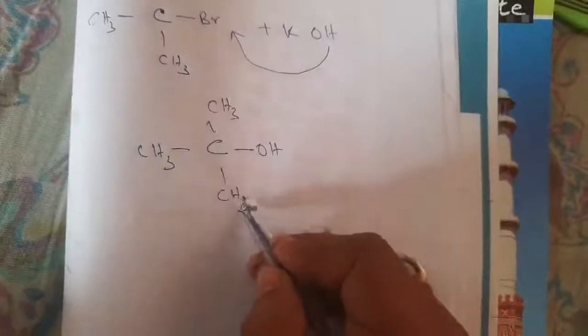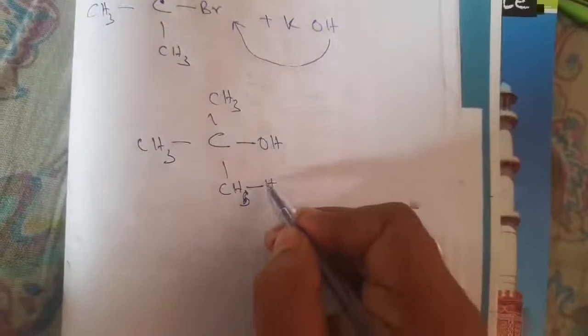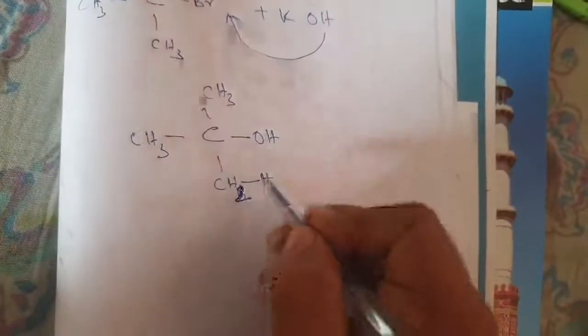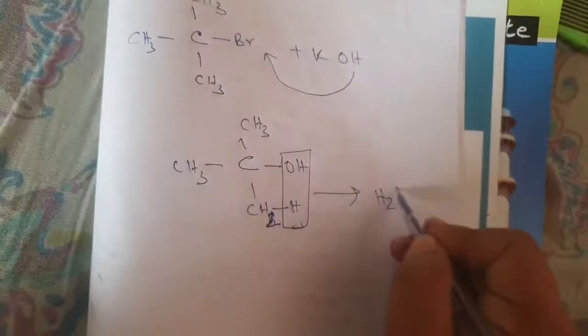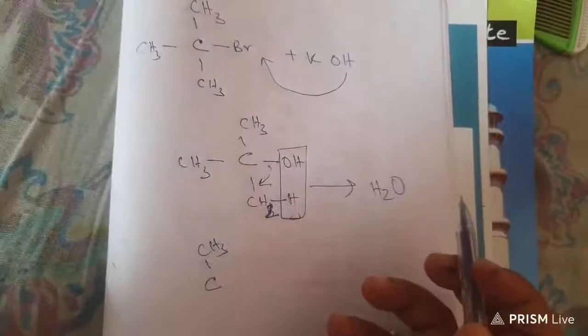What you are expecting is an alcohol, but what is happening is that one H of a CH3 will be taken away by the OH, and this is happening in tertiary alkyl halides. The bond will shift and make a double bond here.